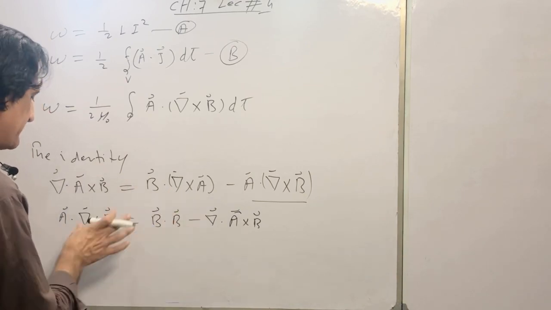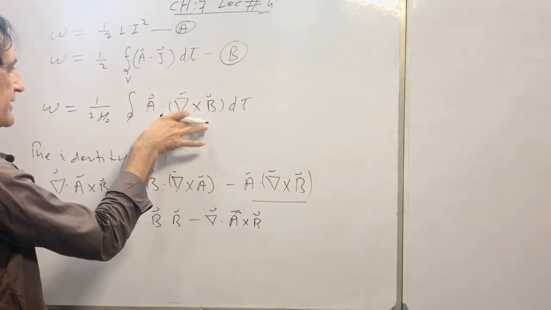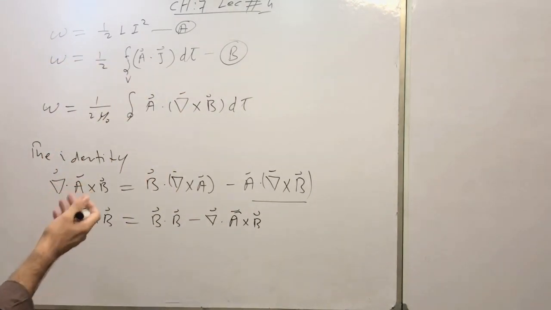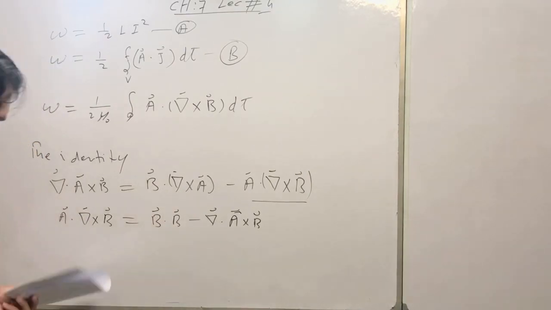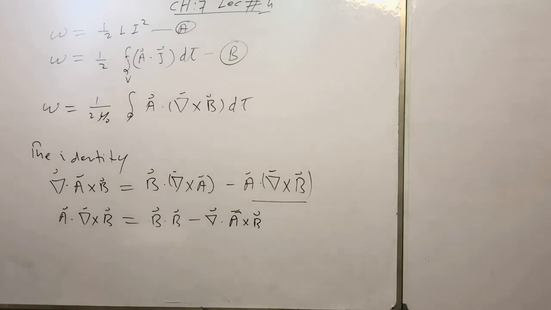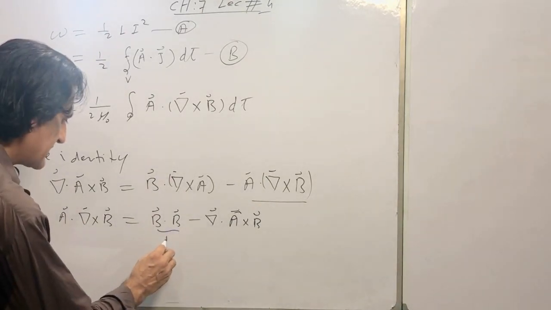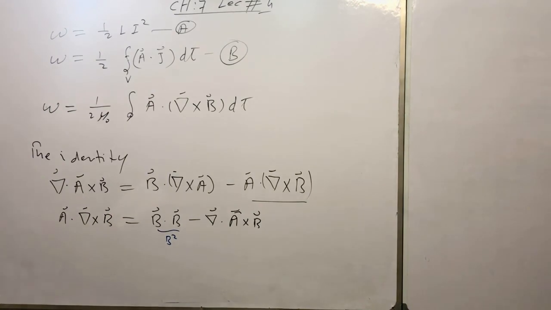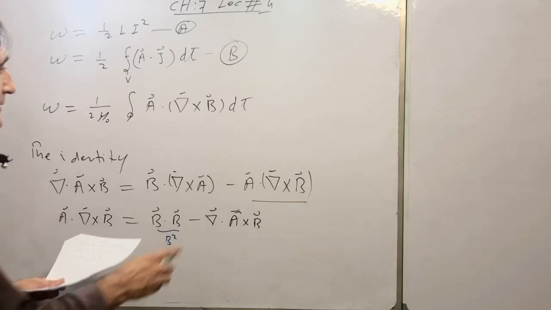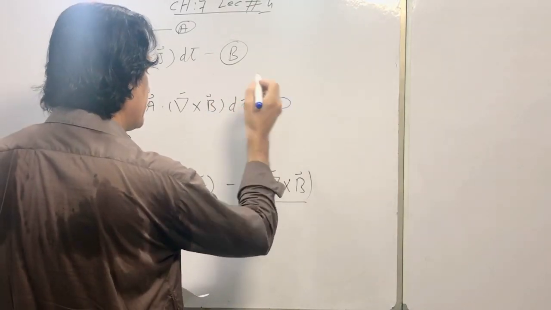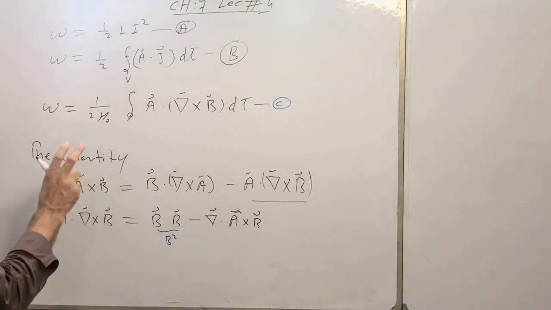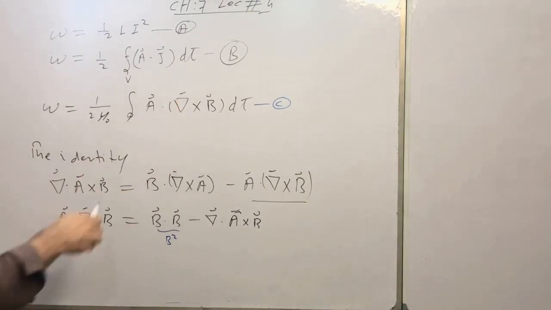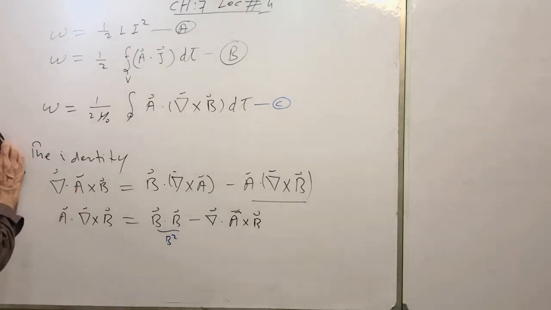We now put the value of this here in this equation, and let's see what the solution will be. B dot B, I can take this as B square, the dot product of the magnetic field. I can label this as equation C.